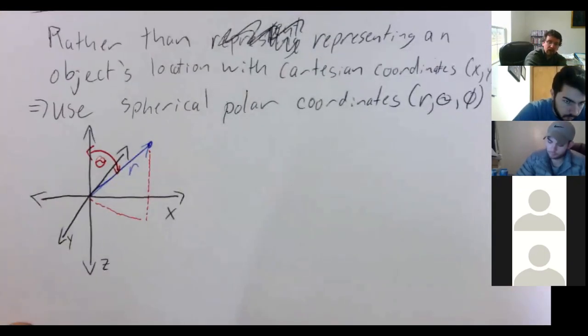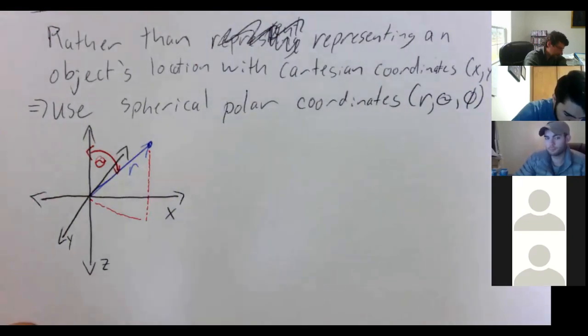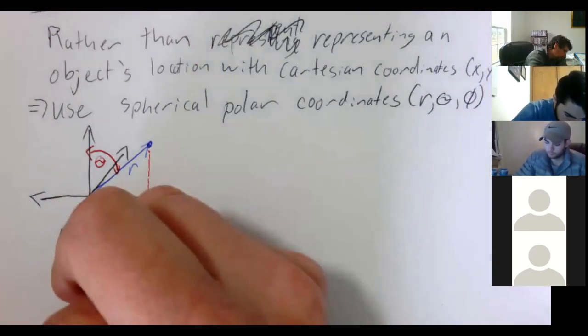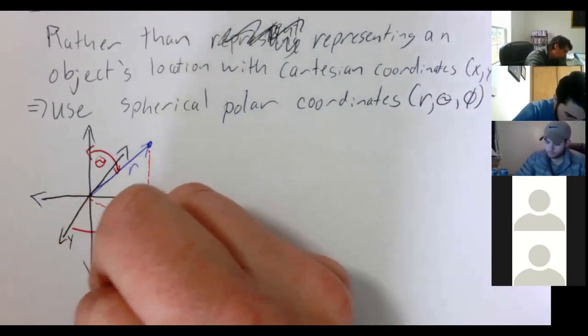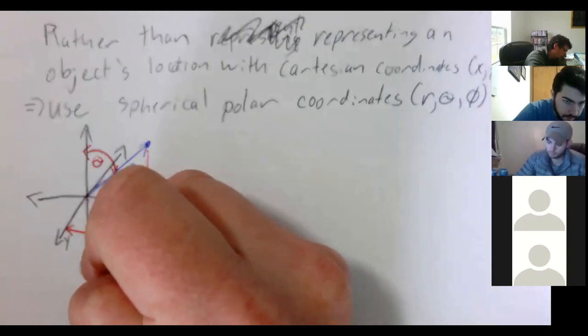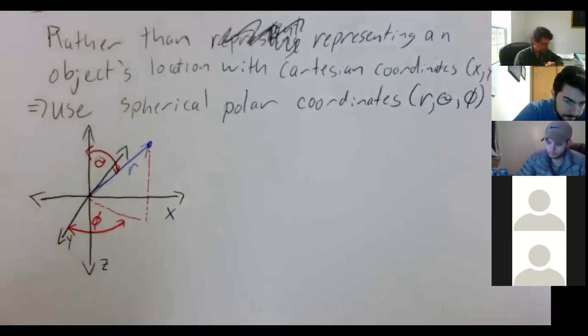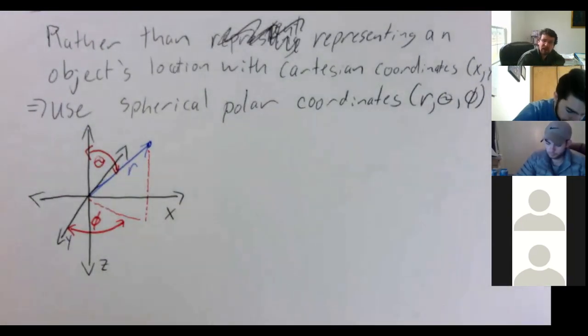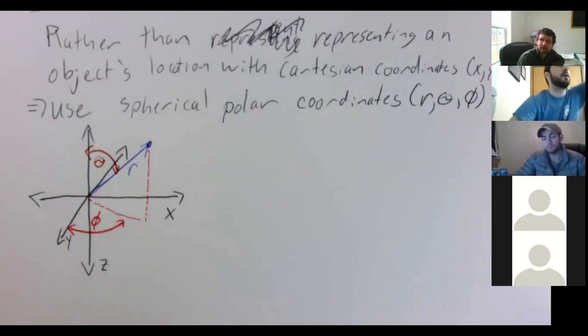It's along that way. Then there's another angle here, and that's our phi. Does that plot make sense to people? Or can you see the three-dimensionality to it? Yeah.